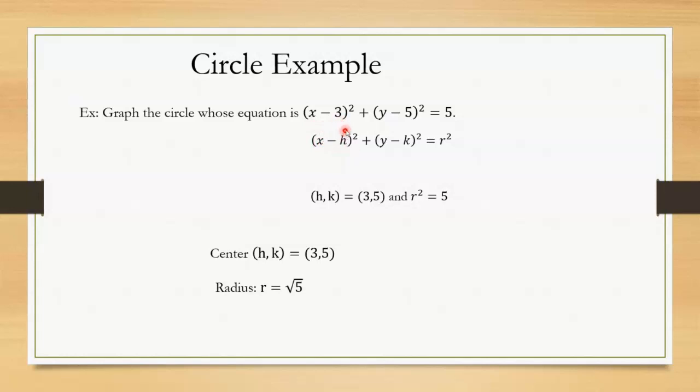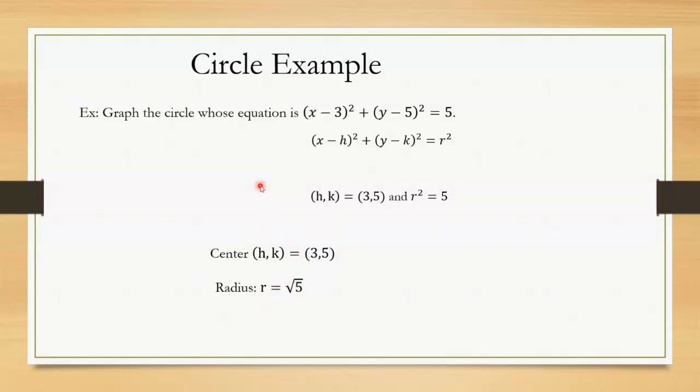So h is 3, y minus 5, y minus k. So k is 5. So in other words, the center (h, k) would be (3, 5). r squared is 5. So r would be radical 5. In other words, we have this.